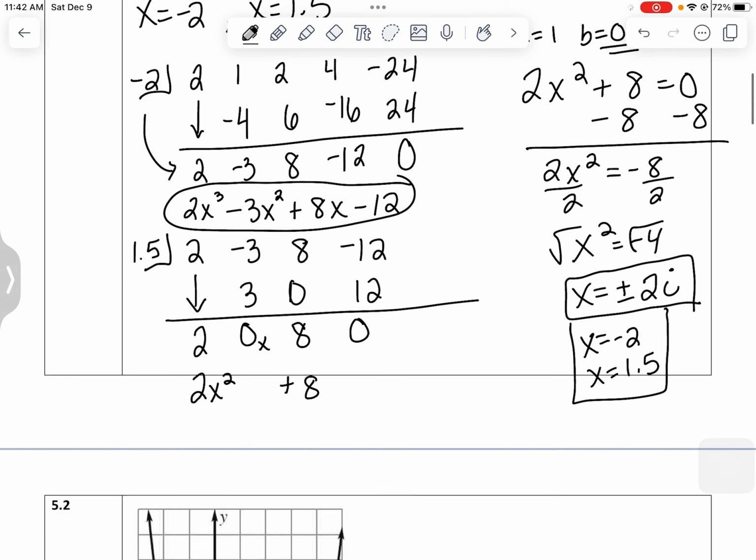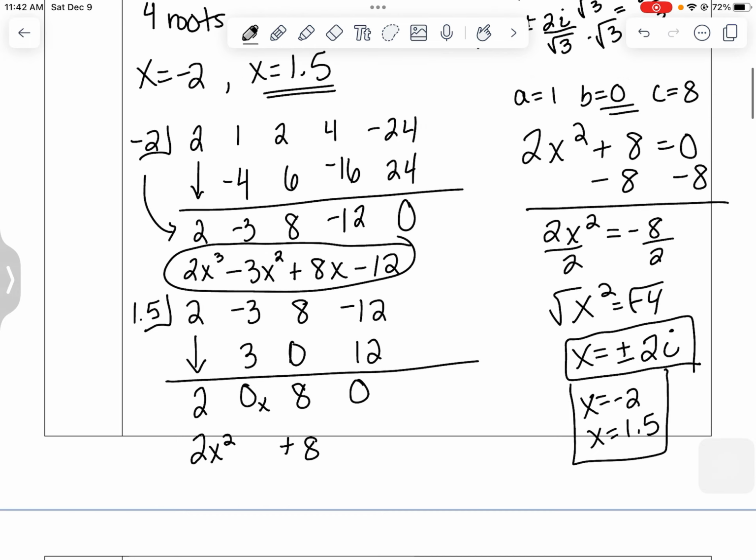And so remember, you could have took this and done factor by grouping at this step too, and I think it would have worked okay. You would have done, I think it's possible, you'd do 2x cubed minus 3x squared, 8x minus 12. This row has an x squared in common.